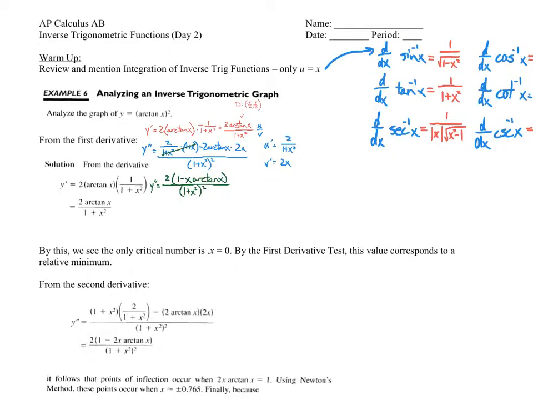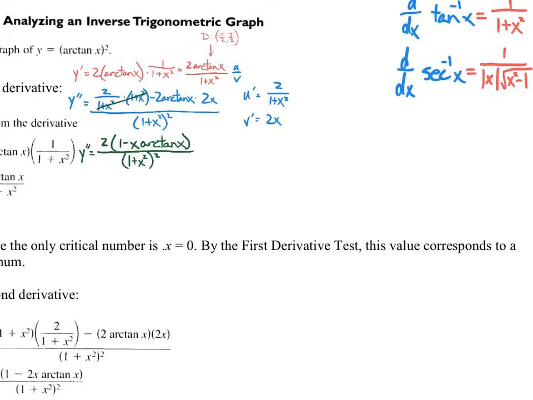And we can use the first derivative test at 0. With our first derivative, we have arctangent of x over something positive, right? So let's think about this.